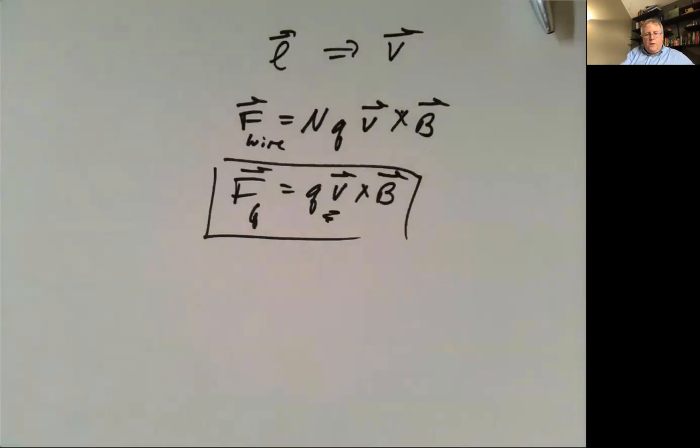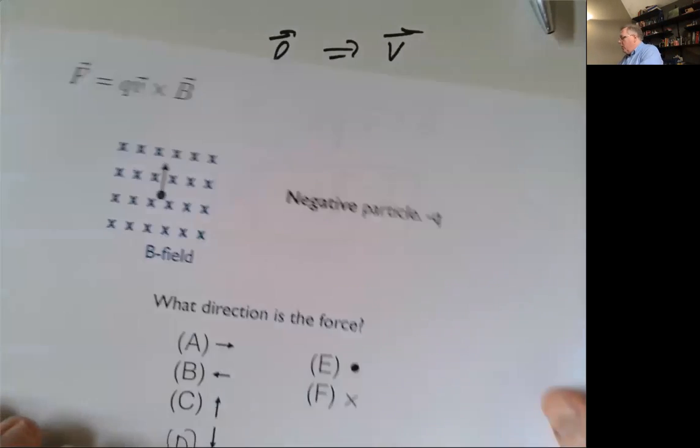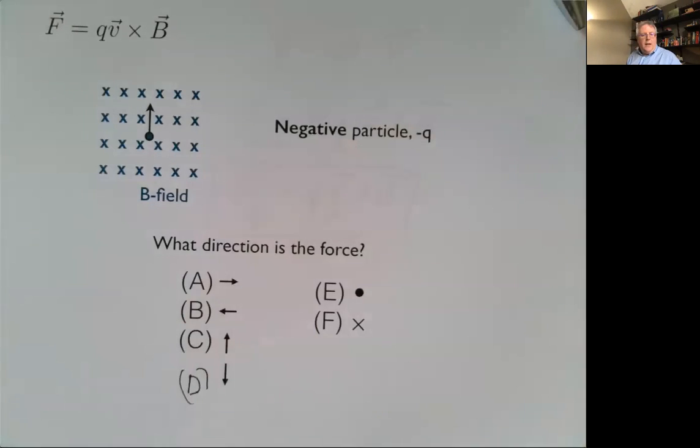Let's do another one. Remembering how vectors work, let's say it's a negative particle, like an electron. Why?